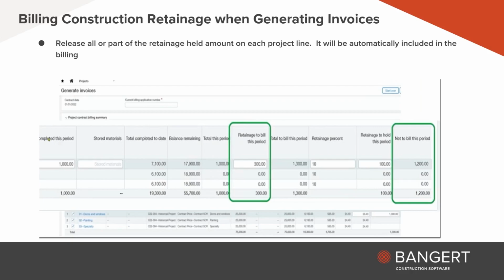Another new nice feature that they have rolled out is being able to bill construction retainage when you're generating a progress invoice. Sometimes your earthwork or your concrete guy will be done quicker than someone else, and you want to release the retainage out. This would allow you to do that. So if you want to release some retainage, here in this first green box, that's where you would release retainage to bill this period.